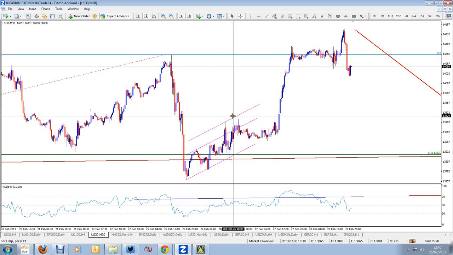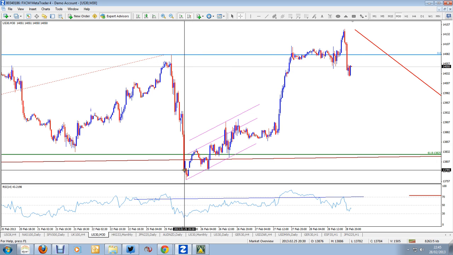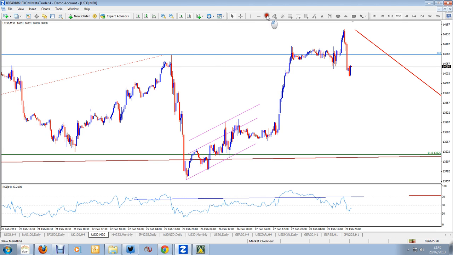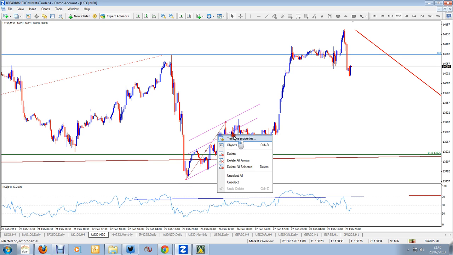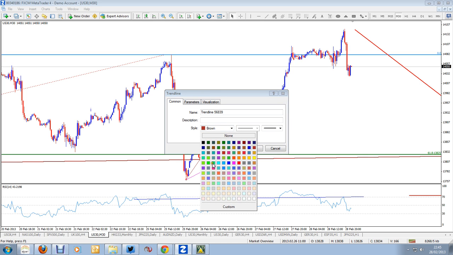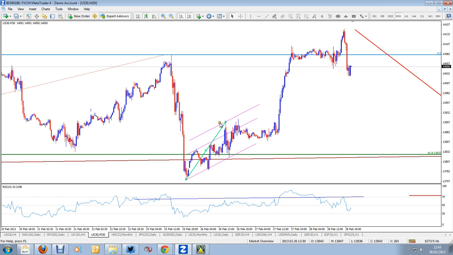Although we can say here is a possible 1, 2, 3, 4 and 5, I think it is more like up to here is wave A, pull back, and then wave B, pull back, and then wave C, which has 1, 2, 3, 4 and 5 waves in it.